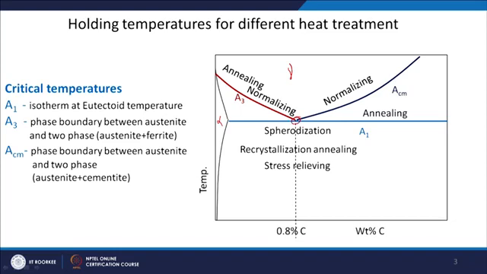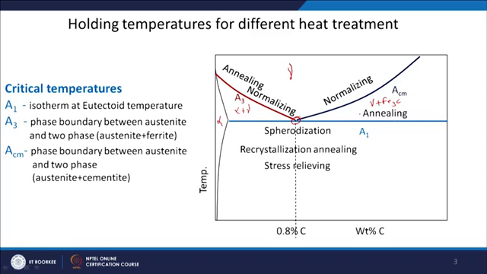There are two or three critical temperatures shown here. One is this A3 line, where alpha plus gamma transforms to gamma. You have the ACM line, where gamma plus cementite transforms to gamma, and you have the A1 line, which is related to the eutectoid temperature.